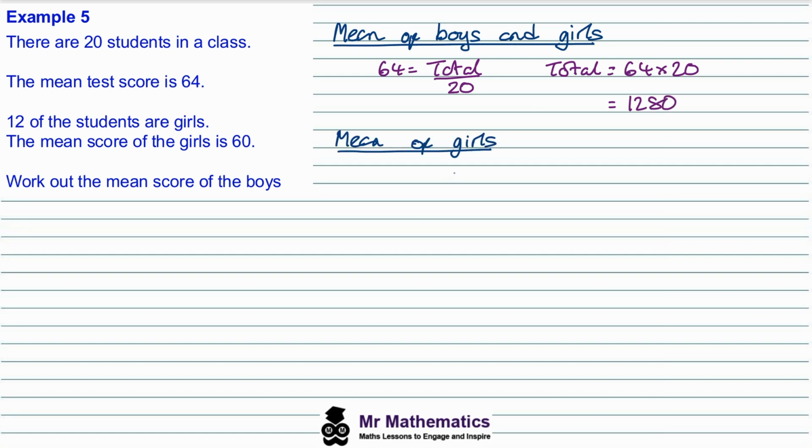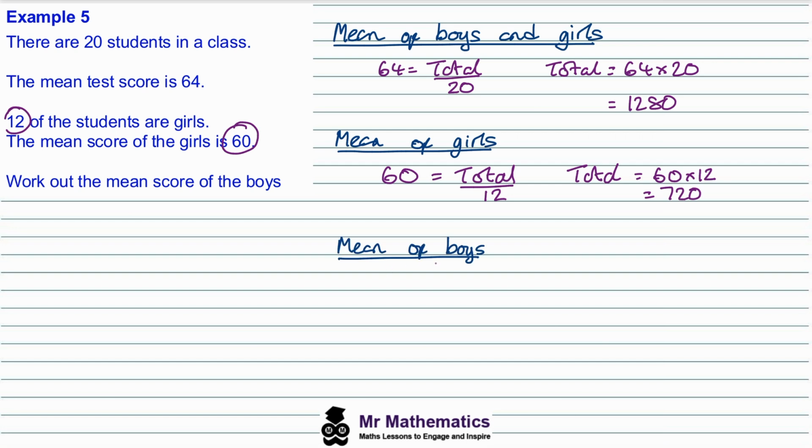Now if we work out the total for the girls, we know their mean is 60, and the total will be divided by the 12 girls, sample size of 12. So the total for the girls will be 60 multiplied by 12, which is 720.